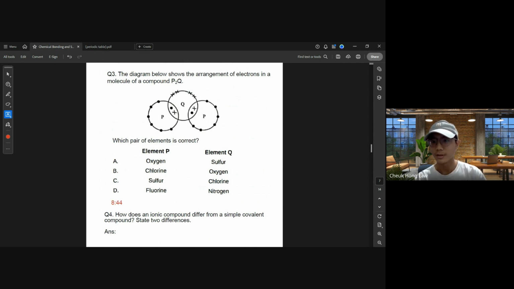That's a good question. You said if simple molecular substances are soluble in organic solvents, then wouldn't they dissociate to form mobile ions? Okay, so we look at simple molecular substances.